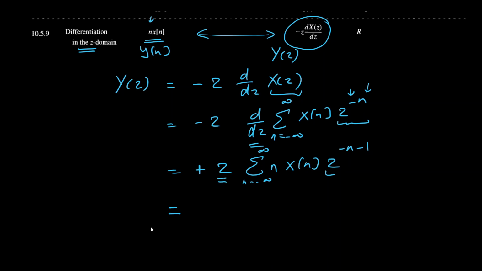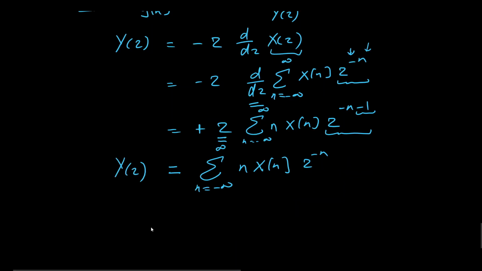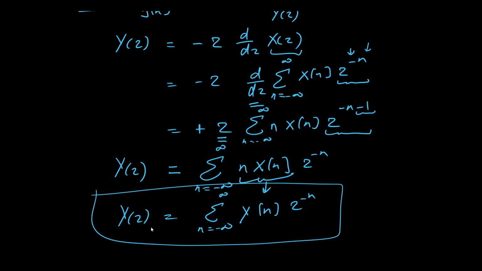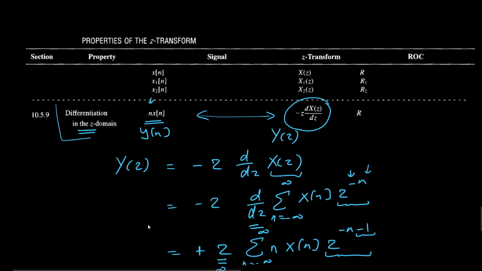Next, this z multiplied with this z to the power minus n minus 1, so the value of minus 1 would disappear with the plus 1. So we would have a summation n minus infinity to infinity n x of n z to the power minus n. So this is our y of z. So as we can say that y of z is a transform of y of n, where this value is simply y of n. So this concludes our proof for the differentiation in the z domain or multiplication of n with the signal.